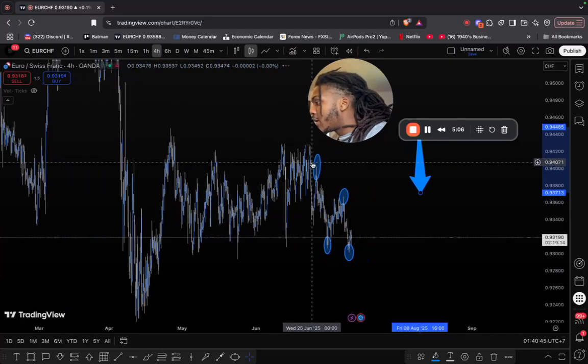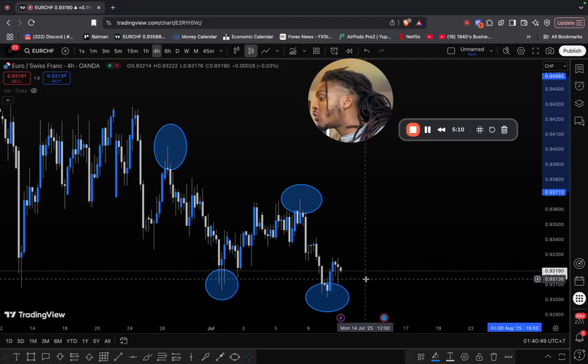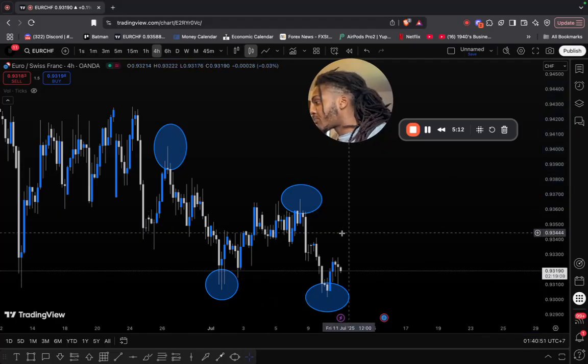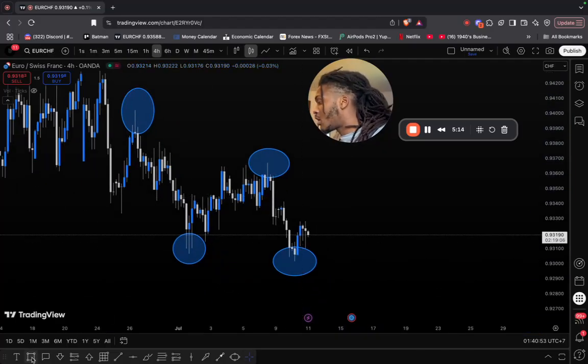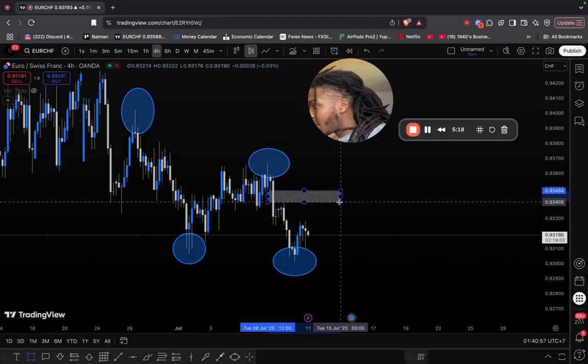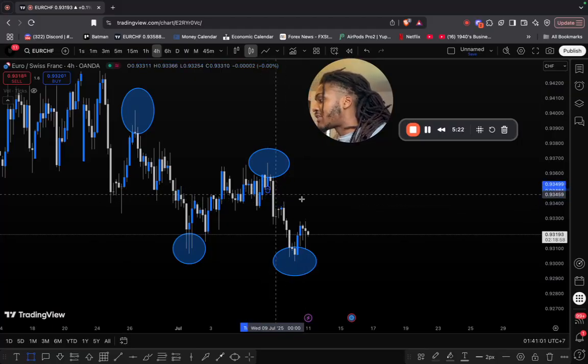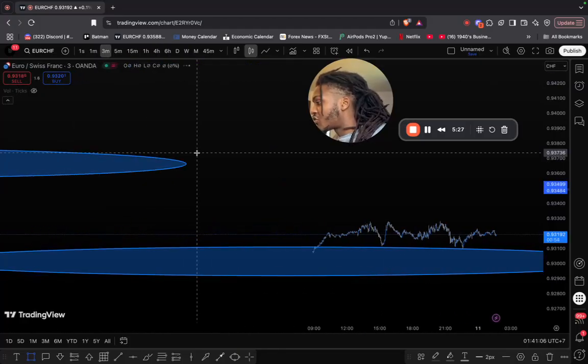I'm going to continue zooming and looking on the 4-hour chart also for major gaps. So fair value gaps, supply zones, things like that. There's one right here, but price kind of filled this one out, so I don't really feel like that counts. So I'm just going to stick with the smaller time frame and see what's going on there.